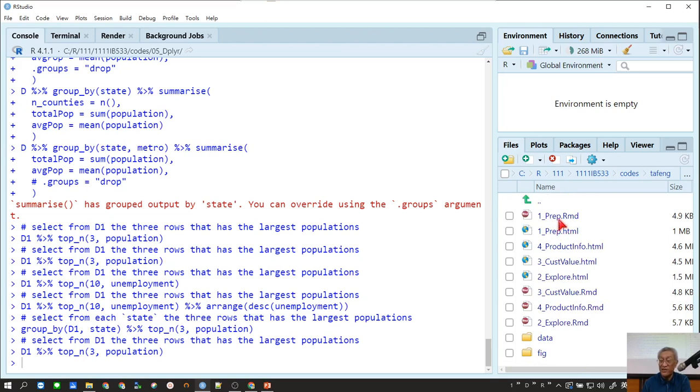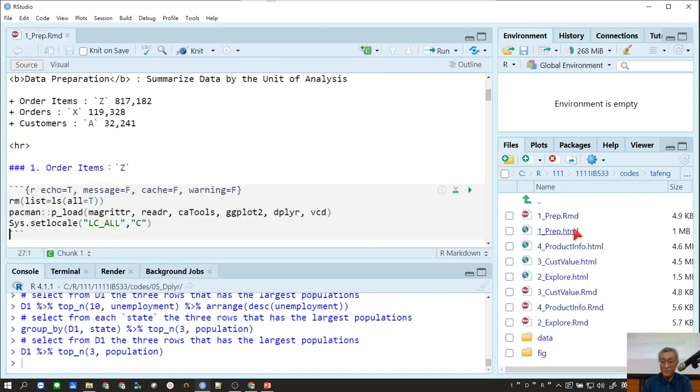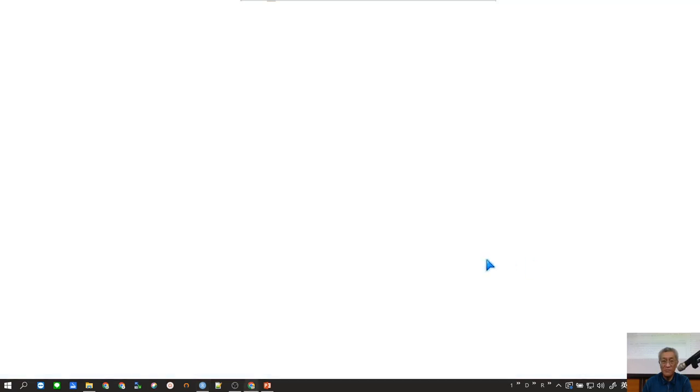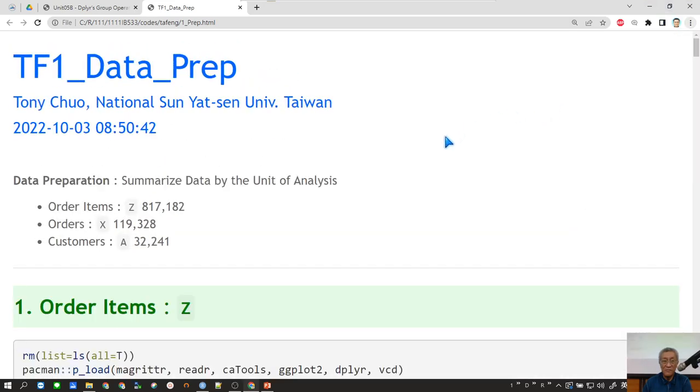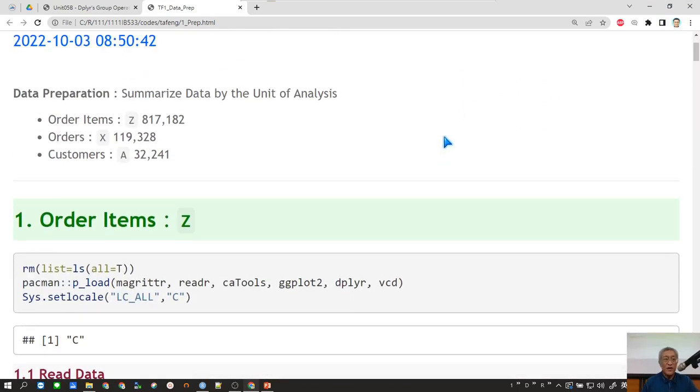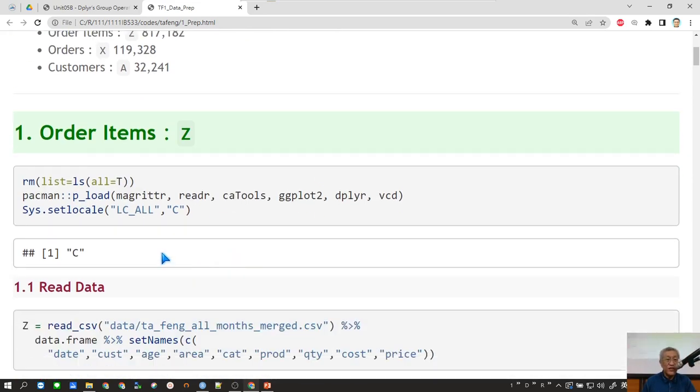The first notebook, prep, is for data preparation, okay? And we are basically preparing the data with dplyr, okay? All right, so before anything, let's load the data first, okay?